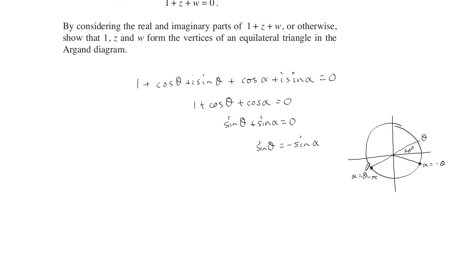What we would like to show, though, as you can kind of see in the diagram, is something like cos alpha is plus or minus cos theta, because you can see this one has the same cosine and this one's the negative cosine.